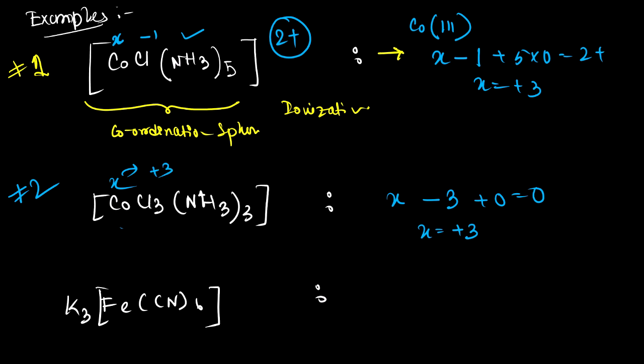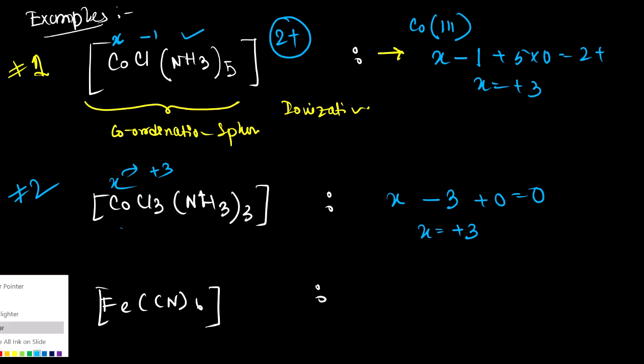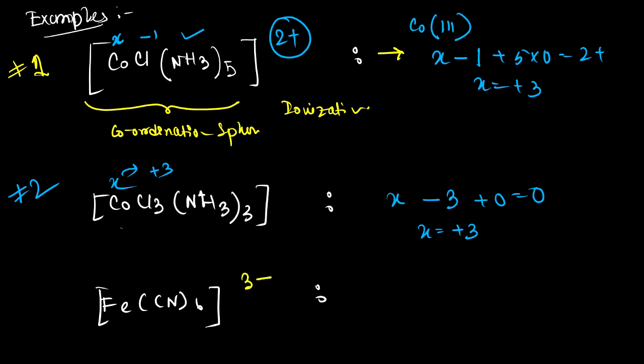In the next compound, as you can see, K3[Fe(CN)6] is written. First of all, we have to know the oxidation number of the coordination sphere. If we withdraw the potassium ions, as potassium is electropositive, 3 potassium will give you 3 positive, and that 3 positive can be neutralized by 3 negative of the coordination sphere. So this will be your homework.